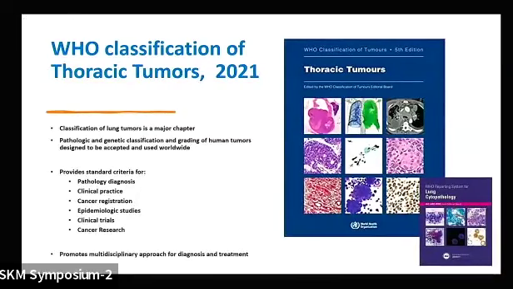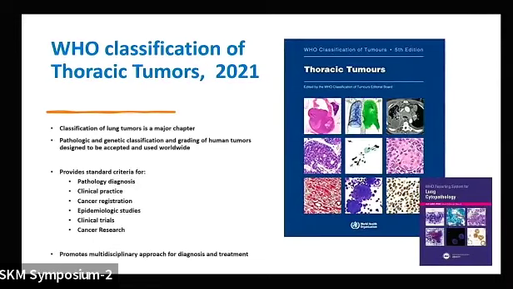So moving into the next topic, here I move into the WHO classification of thoracic tumors. This is the last printed version from 2021. This is based on the histologic classification on which our cytology WHO classification is based.